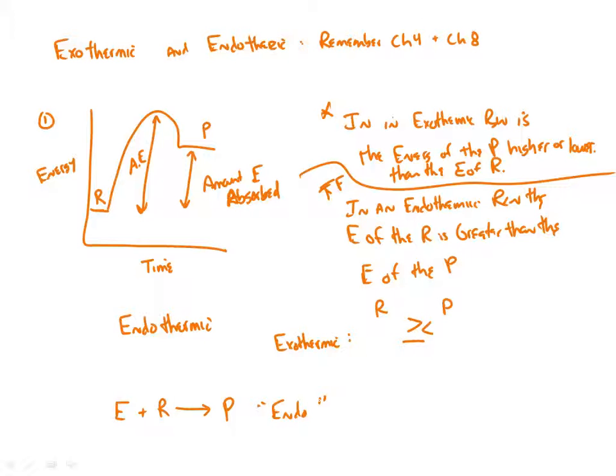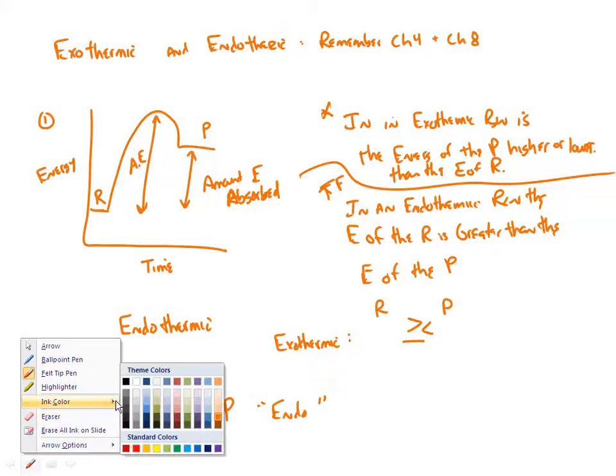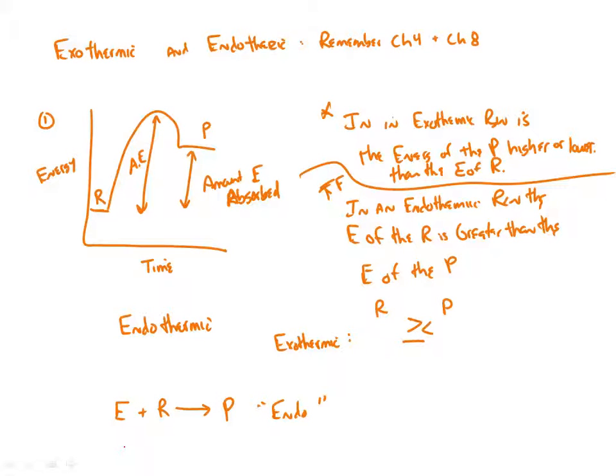Oh, we can work them out. For instance, in an exothermic reaction, is the energy of the products higher or lower than the energy of the reactants? It should be lower, right? Because excess energy is released. In an endothermic reaction, the energy of the reactants is greater than the energy of the products.